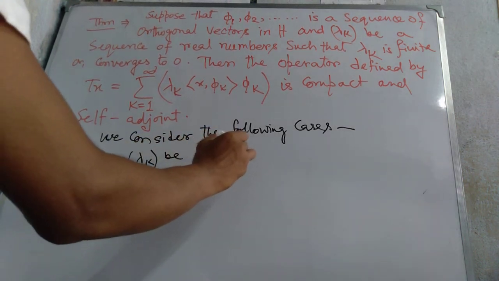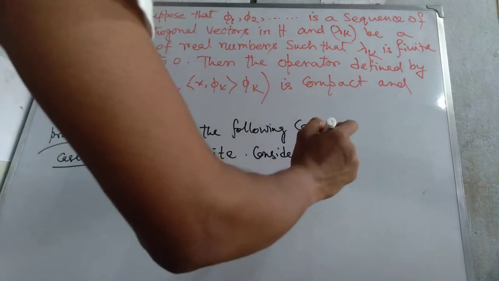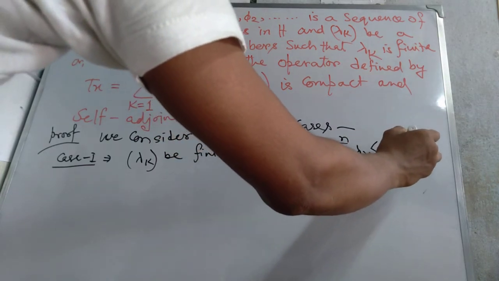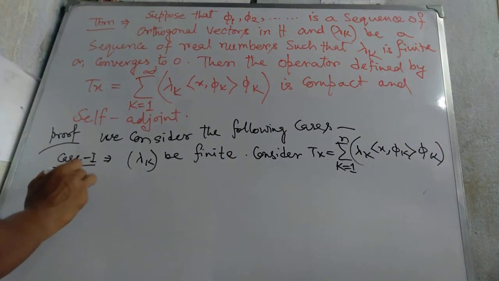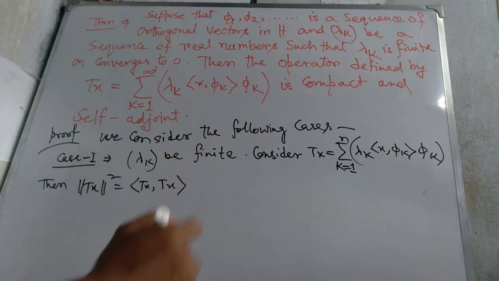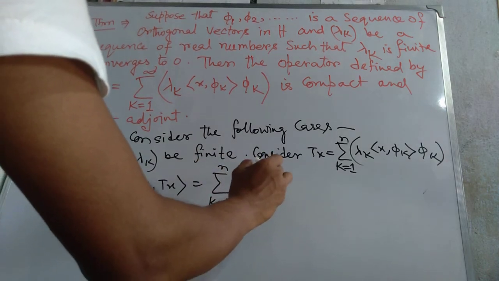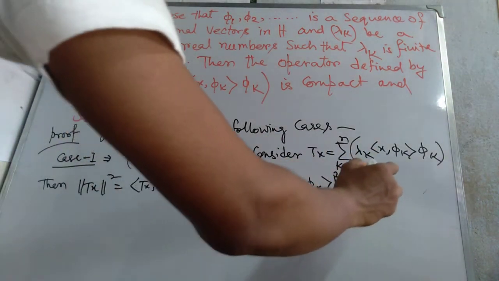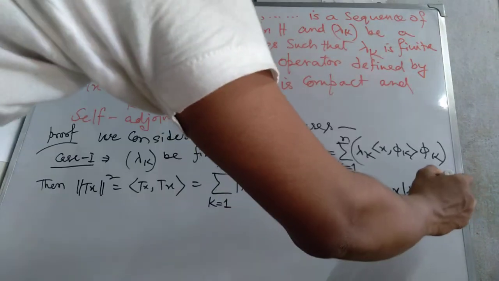If lambda k is finite, then consider Tx equal to summation k equal to 1 to n lambda k inner product of x with phi k, times phi k. Then norm of Tx squared equal to inner product of Tx with Tx equal to summation k equal to 1 to n of lambda k squared mod of inner product of x with phi k squared, which is less than or equal to maximum of lambda k squared times norm x squared.